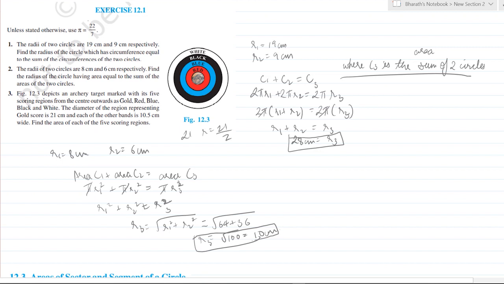Then, after finding the area using pi r square, next you should keep on adding 10.5 to this: 10.5 for red, 10.5 for blue, 10.5 for black. Fine, that's all.